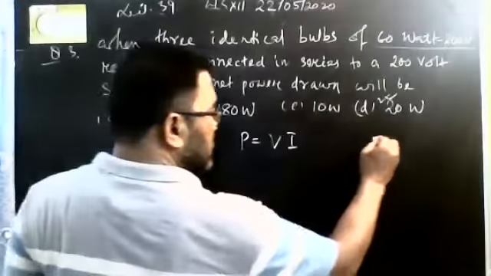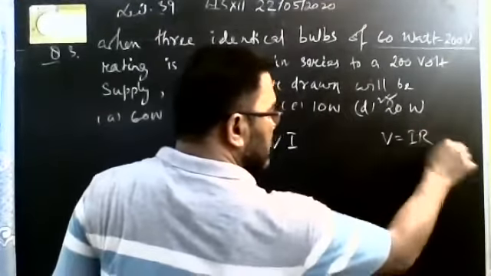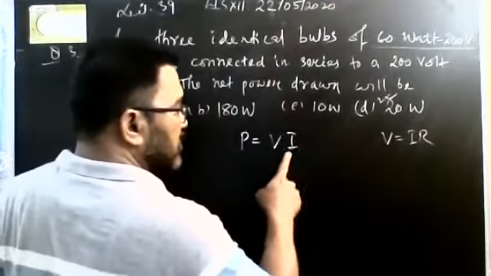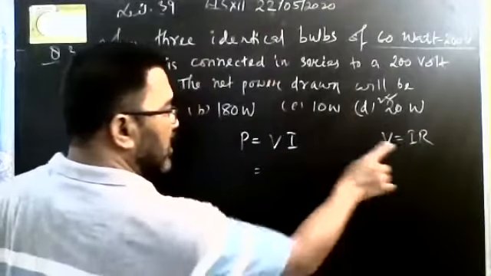Always remember, power is given by V into I and it is expressed in watt. Also we know that V is equal to IR, right? So in place of V you can put IR.